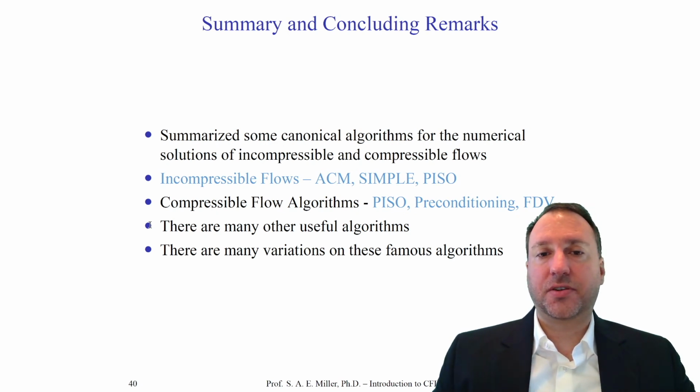Incompressible flows are certainly handled excellently by the ACM, SIMPLE, and PISO algorithms. If you have compressibility in your flow, your solver should handle, of course, these fluctuations, for example, through the modification of PISO, preconditioning techniques for creeping flows, which are incompressible or compressible, and of course, the very famous FDV technique for very high-speed flows and hypersonics and high-speed supersonics.